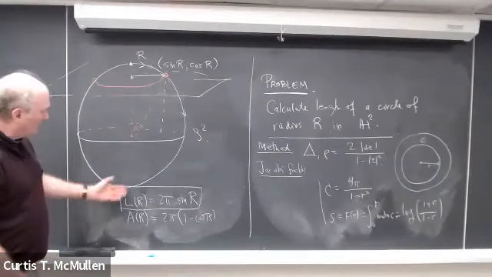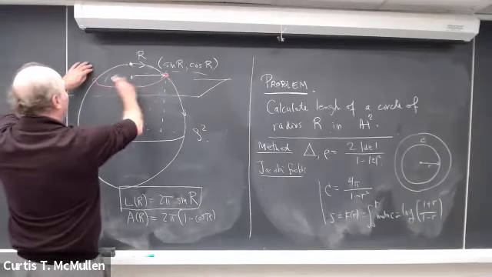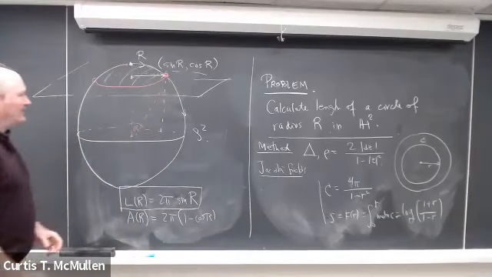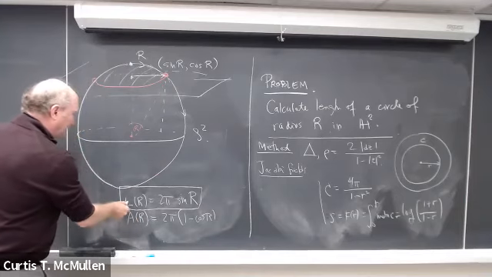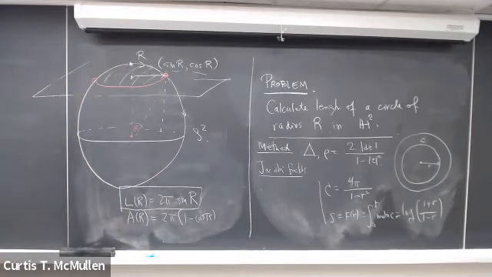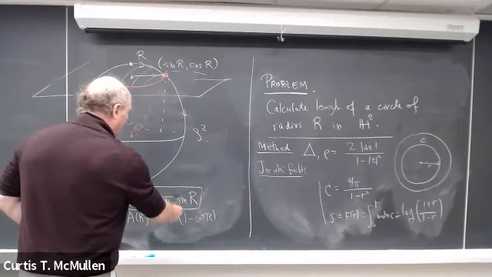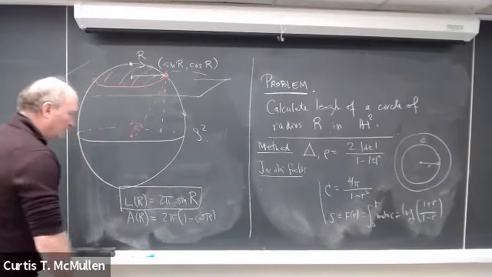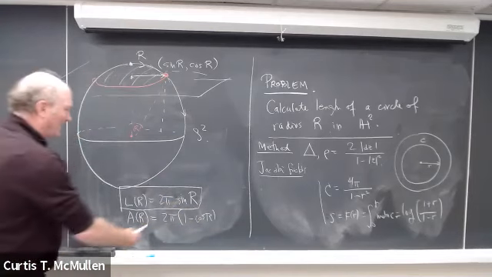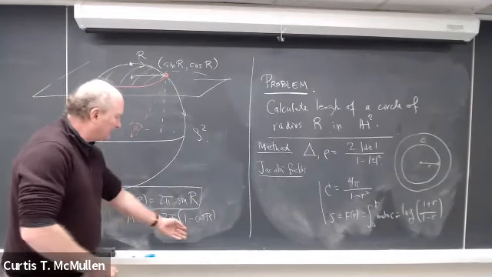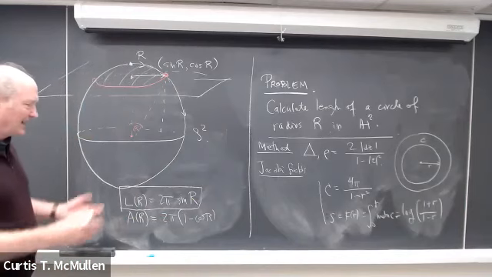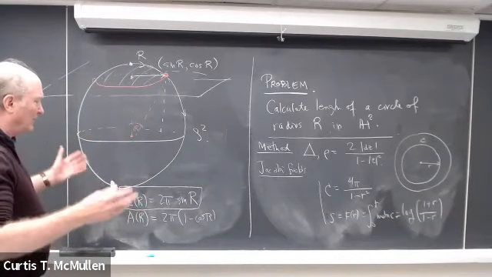And by the way, you can also quickly calculate the area of this polar cap, because as I mentioned, the area is always the integral of the length of the circle, dr. So the integral of 2 pi sine from 0 to r is 2 pi times (1 minus cosine r). Now, if you look in some books, you'll see it represented in terms of something like sine squared r over 2.